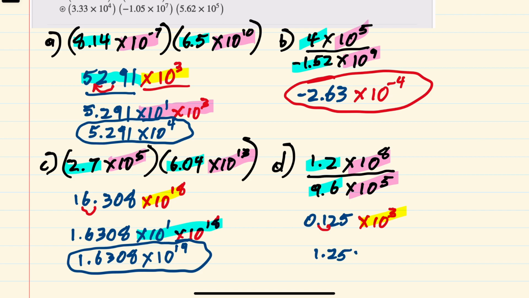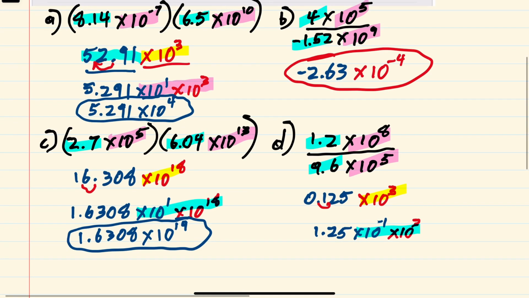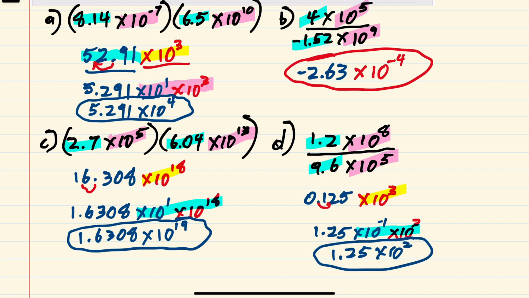So I had to move the decimal one place. One place for a small number means that's a negative exponent. And from here, I can bring down the times 10 to the third. We have that one additional step to combine these. Our 1.25 stays the same, times 10 to the negative 1 plus 3, or 2, as our scientific notation.